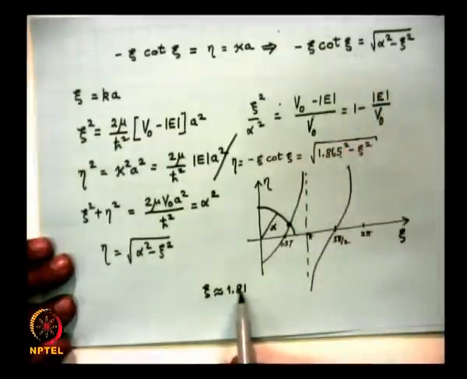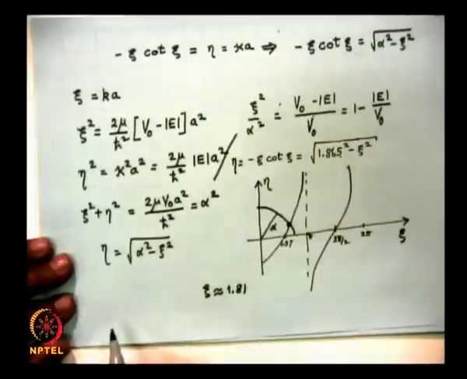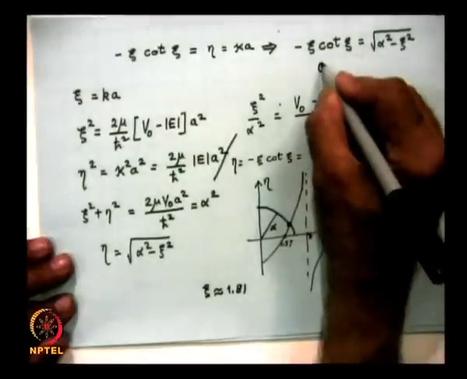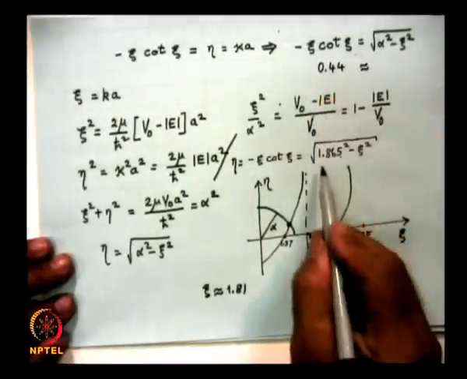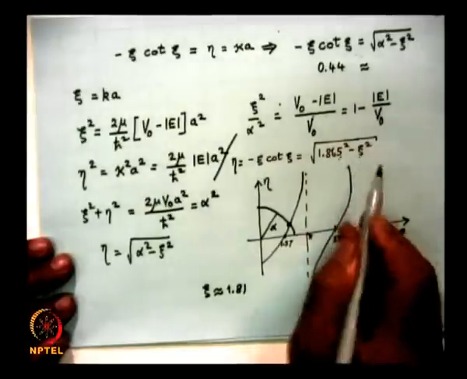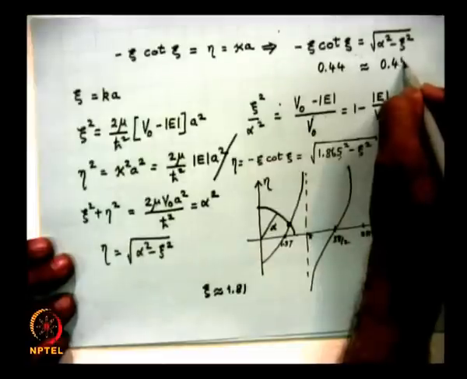So, 1.81 times cotangent of 1.81, if you calculate that, this becomes about plus 0.44, and 1.865 whole square minus 1.81 whole square comes out to be about 0.449 or 45, something like that.